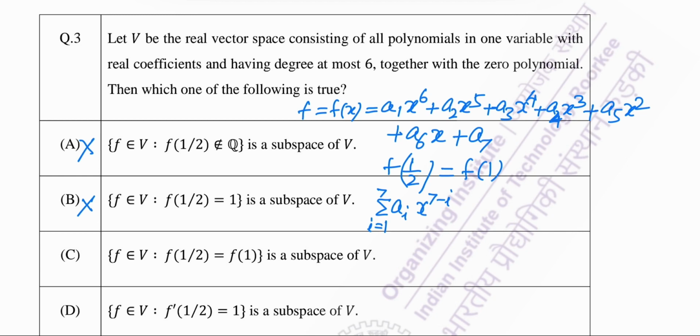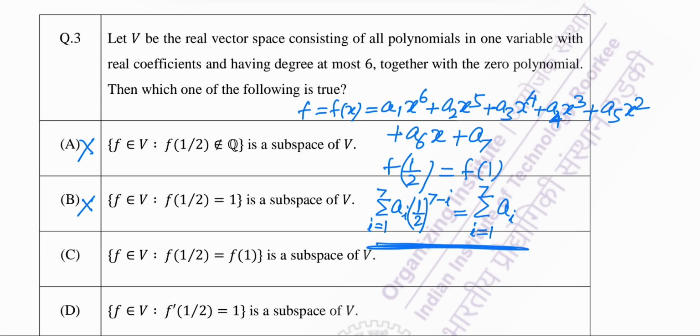So I change that one. Here will be 1/2. Okay, and this should be equal to the sum over i equals 1 to 7 of a_i, and 1 to the power anything is 1.